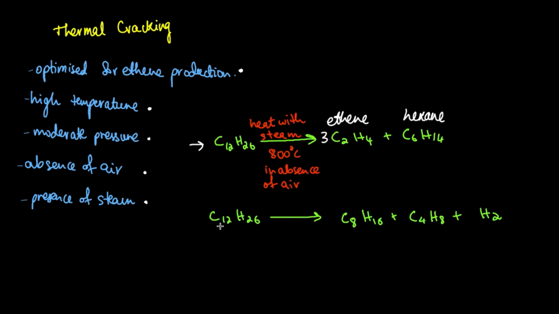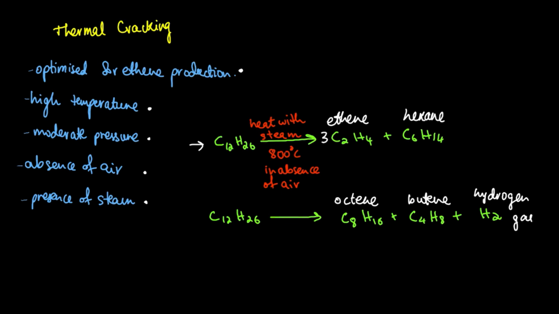Now, one more way that this can be carried out is that if we have the same 12 carbon alkane, it is producing octene and butene, and a third product is also received, which is hydrogen gas.